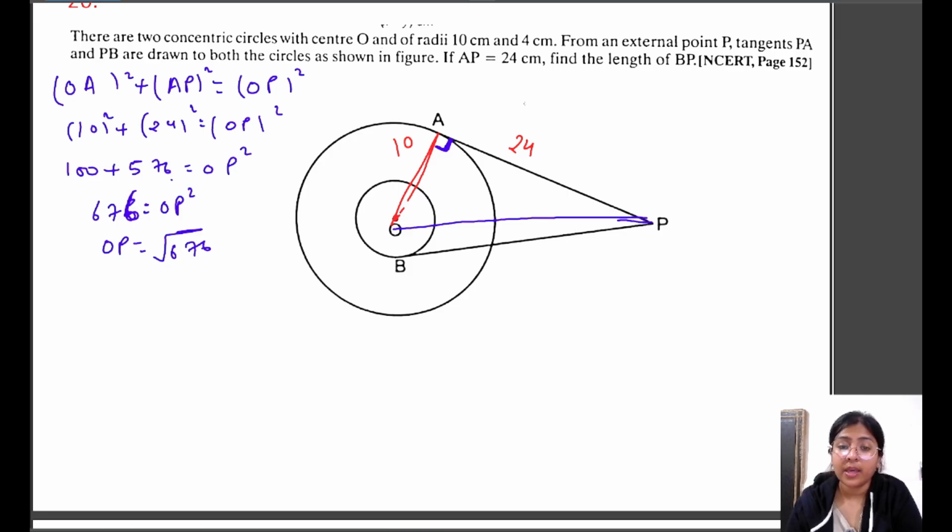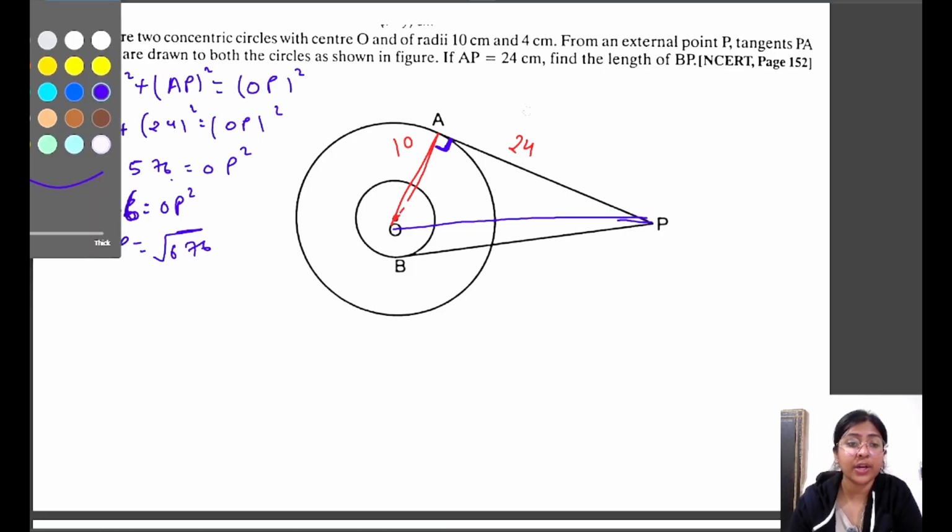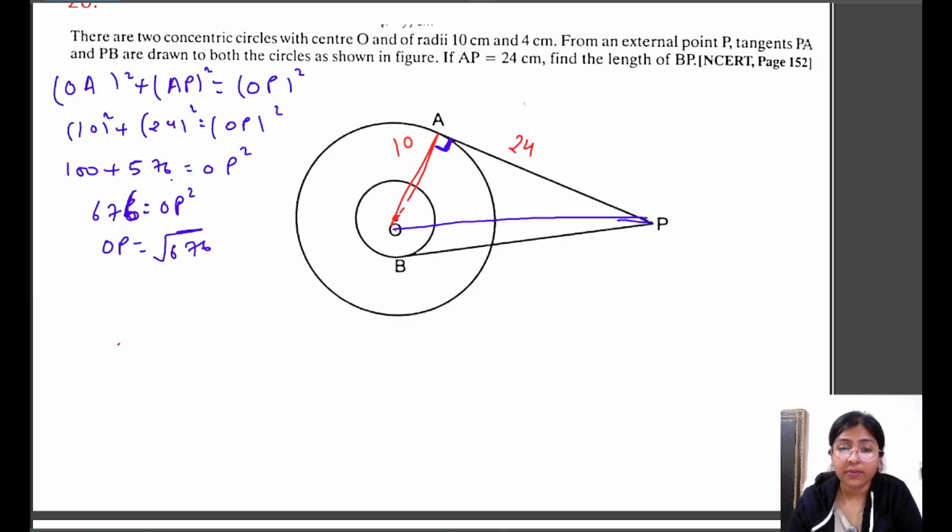BP again, for the smaller circle, BP will be the tangent and B is the point of contact, and this angle must be 90 degrees. So OP will be the hypotenuse and the smaller circle radius is given as 4. So again we can find BP with the help of Pythagoras theorem. We have OP, we have BO, we need to find BP. We write OP square is equal to OB square plus BP square.